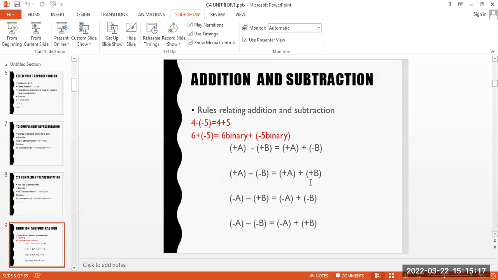Next, addition and subtraction operations on fixed point numbers. If you have unsigned numbers, there is no problem; we just add the two values. If you have signed numbers, we have to convert the equation to a calculable form.